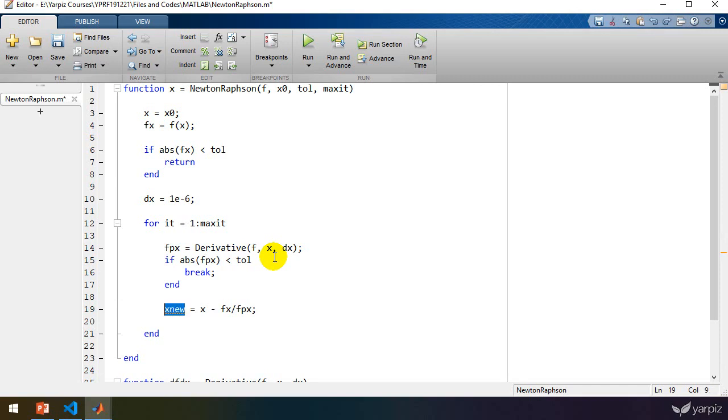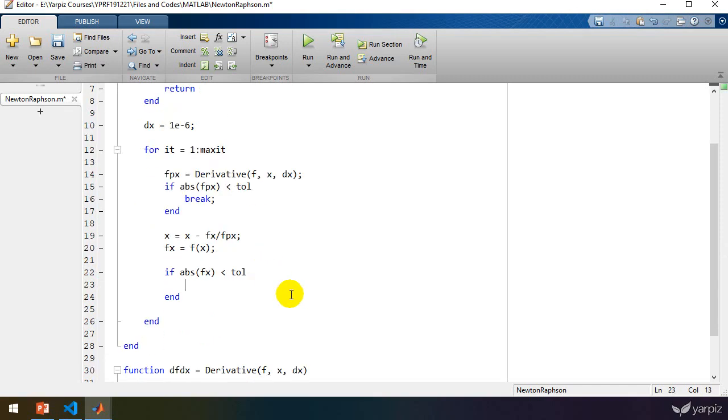I'm going to use the same name for the variable, and I'm going to evaluate this f of x equals f of x, and we check if the absolute value of f of x is less than tolerance, then we found a solution, a potential solution for the equation, and then we can break the for loop.